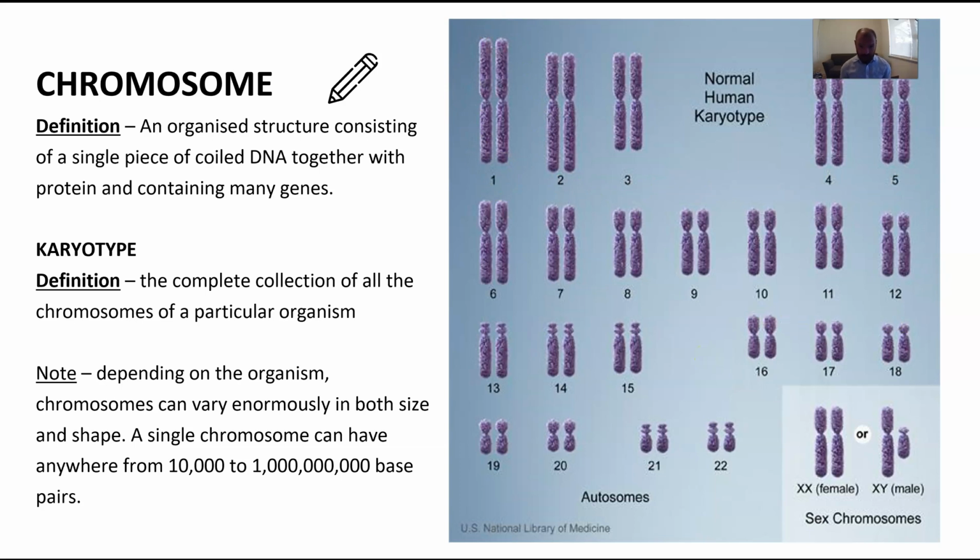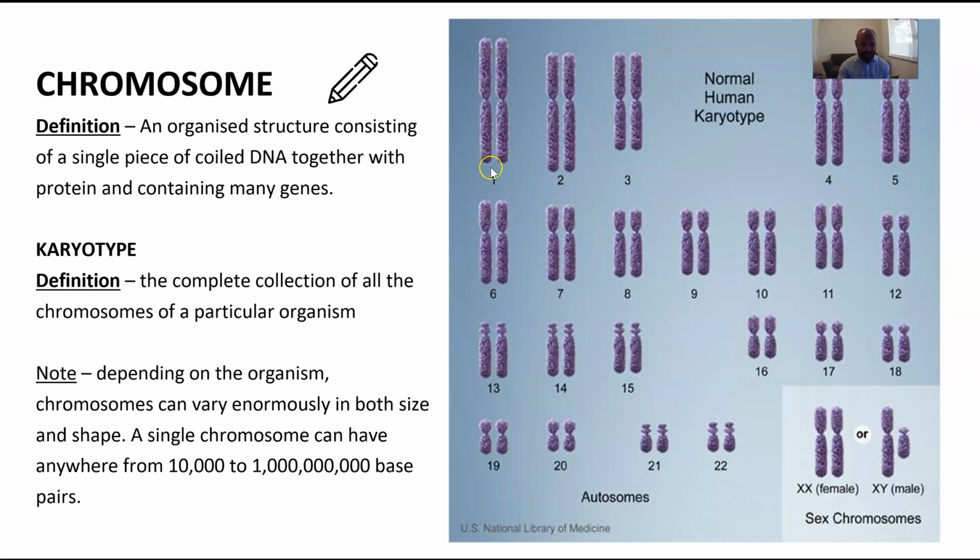You may be familiar with the structure of chromosomes as that X shape. That X shape means that the DNA has been replicated. So, in actual fact, a chromosome is more accurately represented as a sausage-like structure like this.